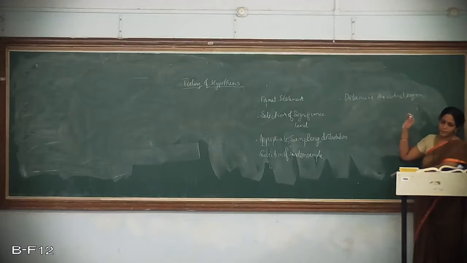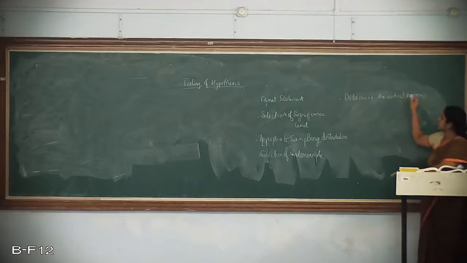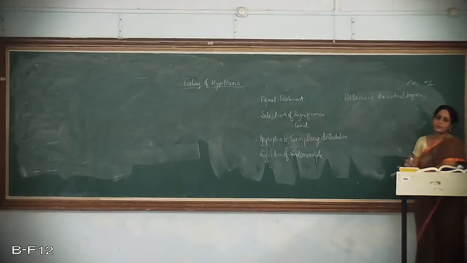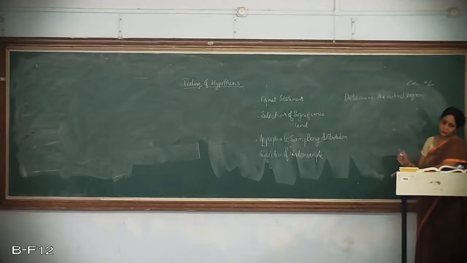If the calculated probability is less than the alpha value, or alpha by 2 in the case of a two-tail test, then reject the null hypothesis.